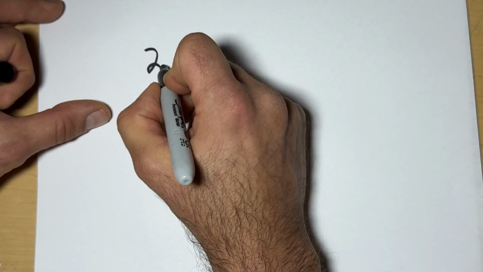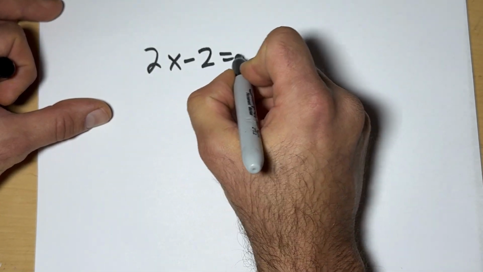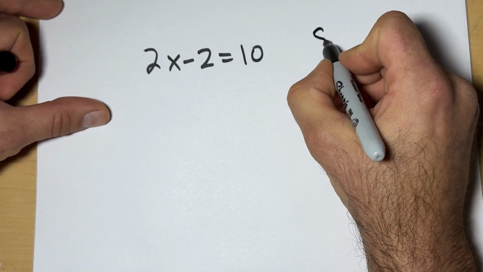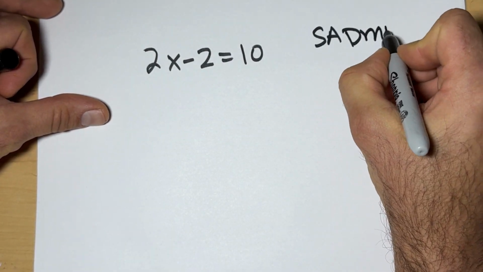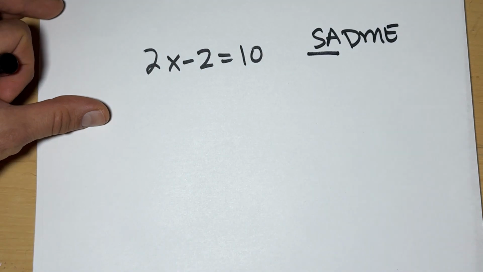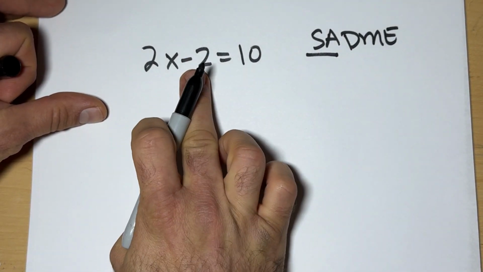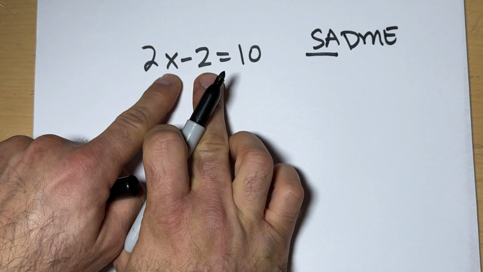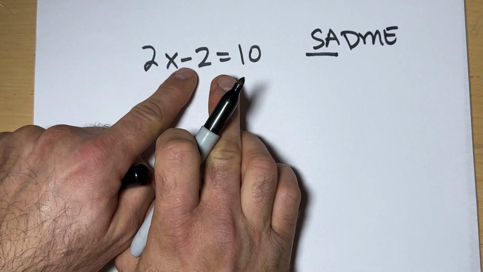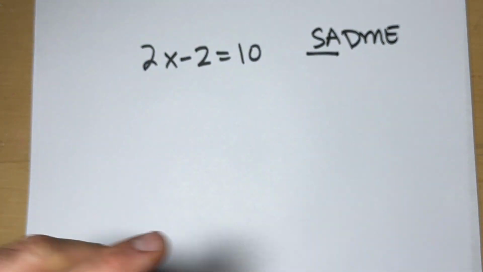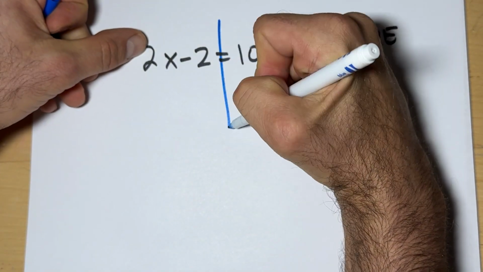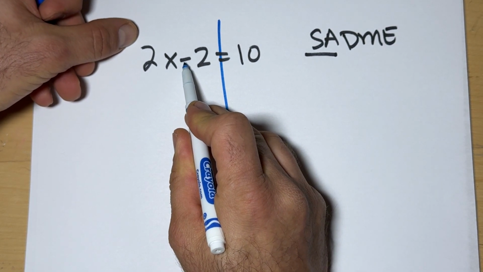I have an equation, and I don't know how to solve it. SADME. We're going to use PEMDAS backwards. We're going to add and subtract first. So we see adding and subtracting is these two: 2 times x minus 2. So we're going to try to get rid of it by doing opposites. What's the opposite of subtracting 2?